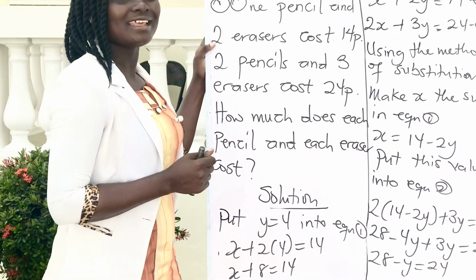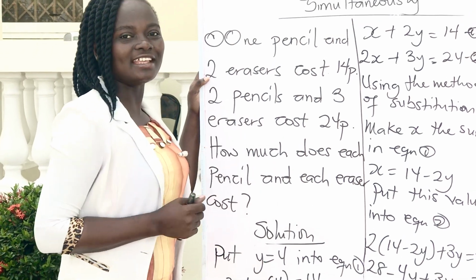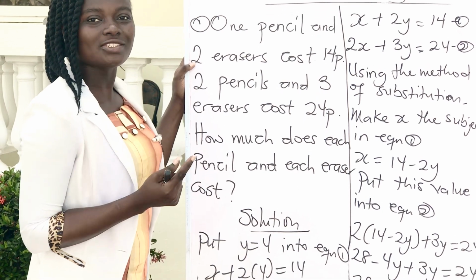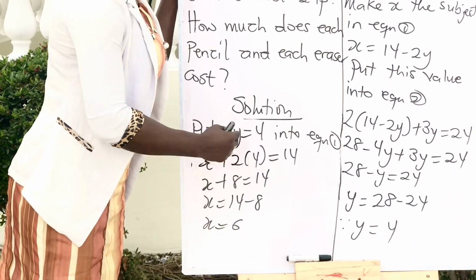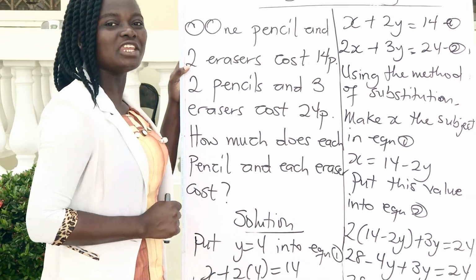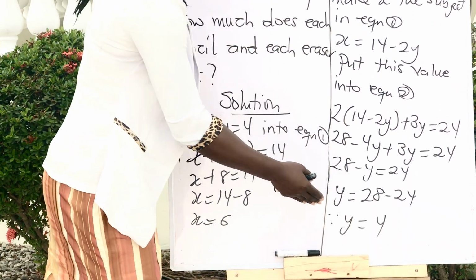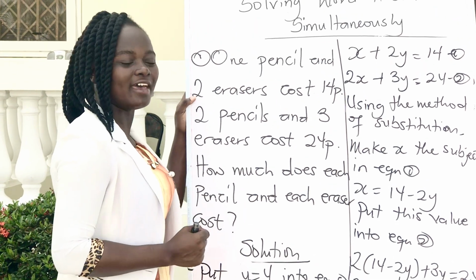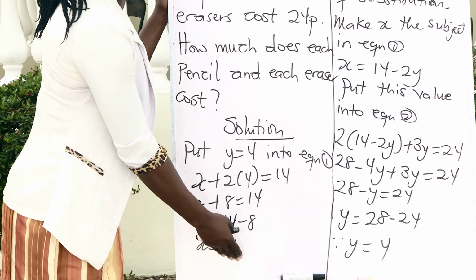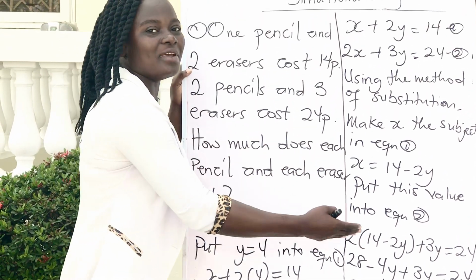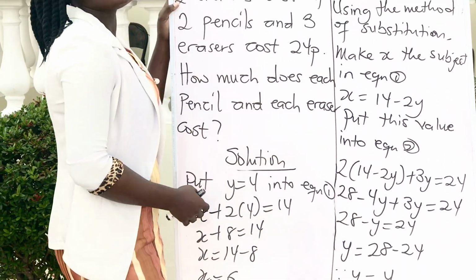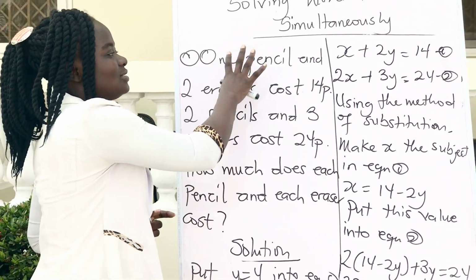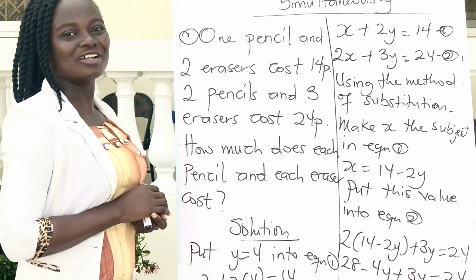Don't forget that at the initial state, we represented the cost of each pencil by X, and the cost of each eraser too by Y. So we can conclude that the cost of each pencil is 6 pesewas. Then the cost of each eraser too is 4 pesewas. And that is so simple. We've been able to solve this whole statement simultaneously.